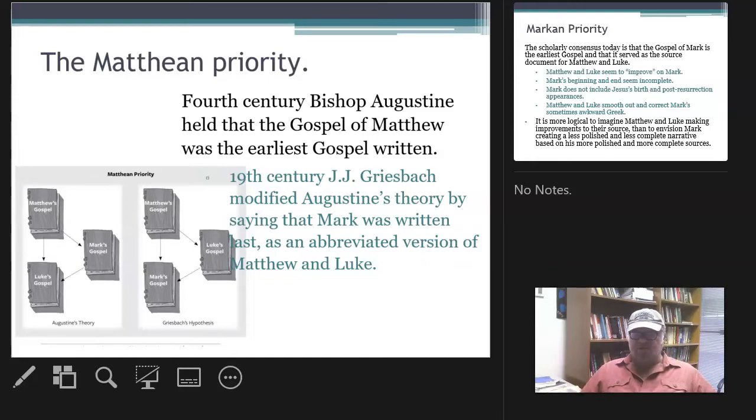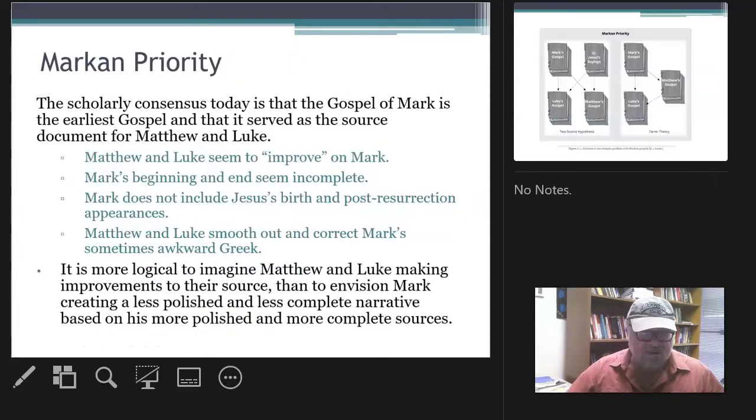In one, you see Matthew's Gospel first, which leads to both Luke and Mark, although some of Mark was incorporated into Luke. On the right-hand side, you see Matthew's Gospel first, leading to Luke and Mark, but Mark also adopted some of Luke's material. So those are two different hypotheses about the order in which the Gospels were written.